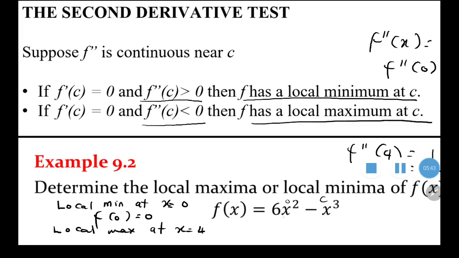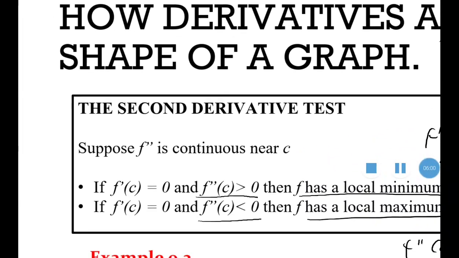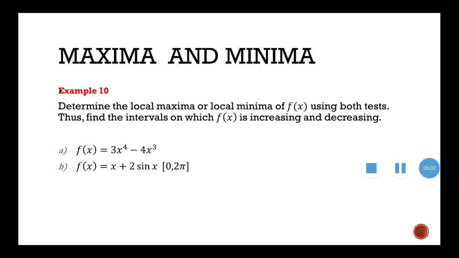So put in 4 here. You will get minus 32. Okay, so now moving on to the next slide.